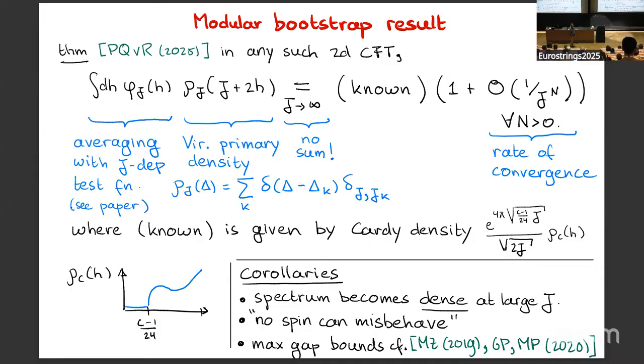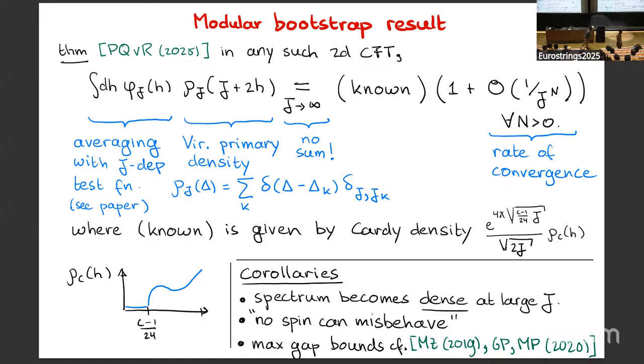And therefore, they don't show up here. But to show that they're small, we had to use modular invariance twice. Yes. Well, thanks. These are my corollaries.